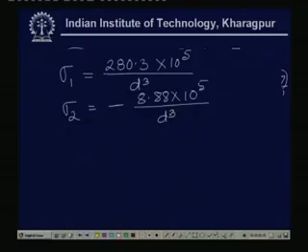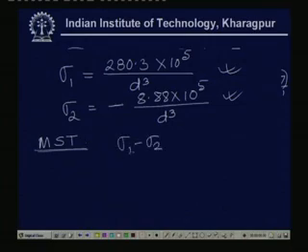Once I know sigma 1 and sigma 2, then the maximum shear stress theory, for ductile material, can very well be utilized. Sigma 1 minus sigma 2 equals sigma yield point divided by n, n is the factor of safety. 460 was the sigma yield point value and 1.5 the factor.